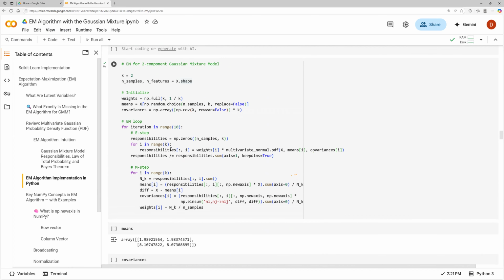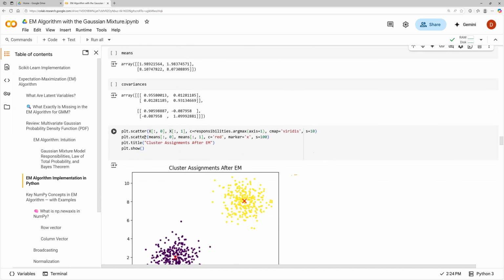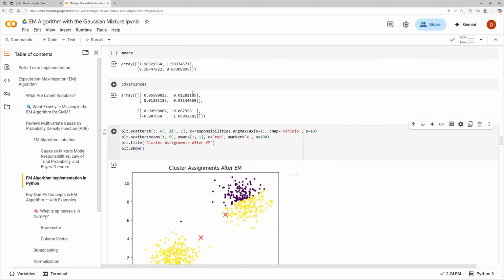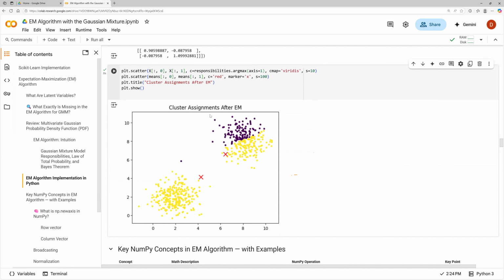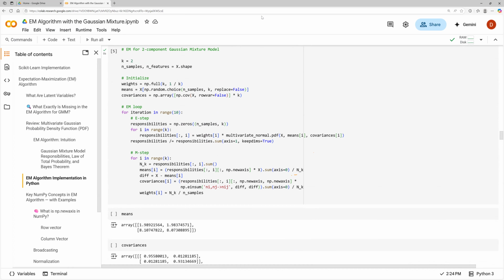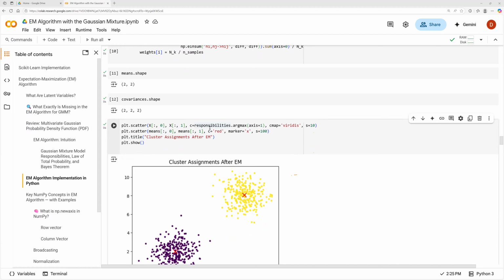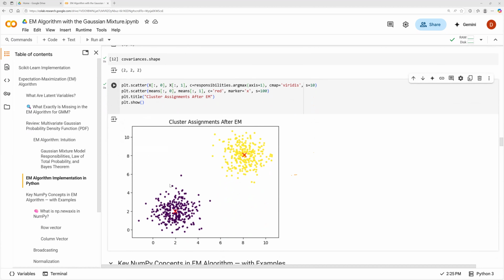And then when we run it, we get this. I apologize. After we run it, we should get this. So these clusters are really well separated.